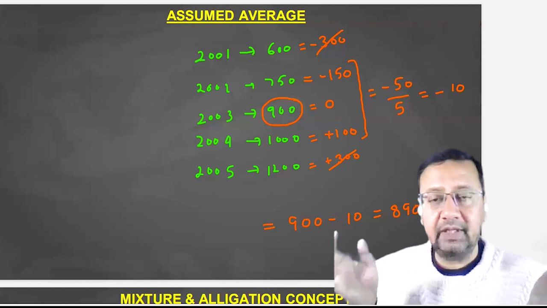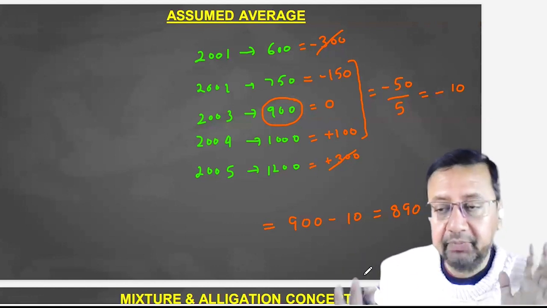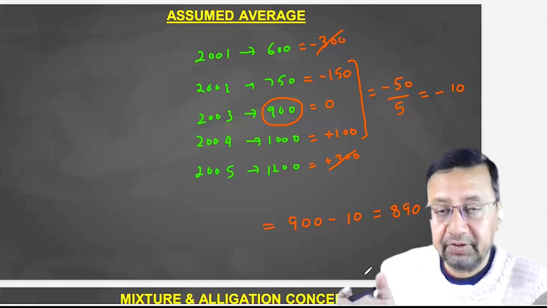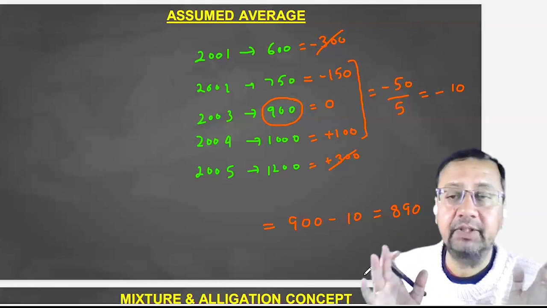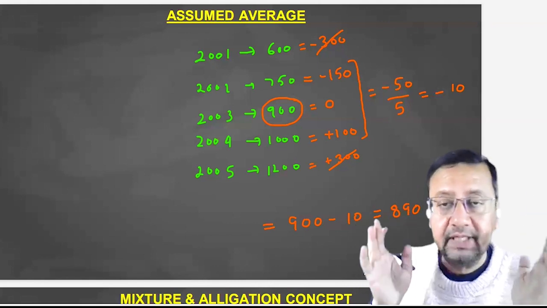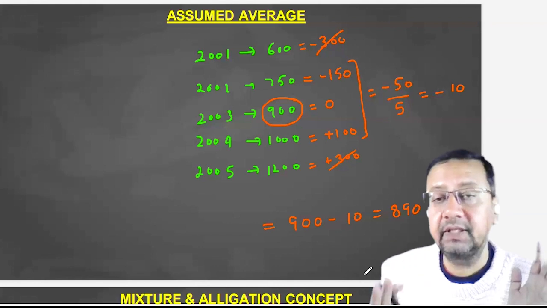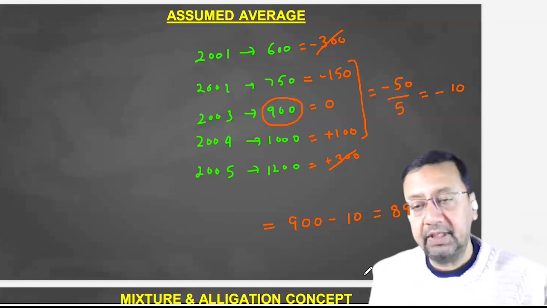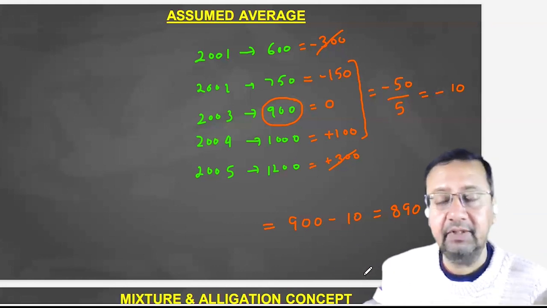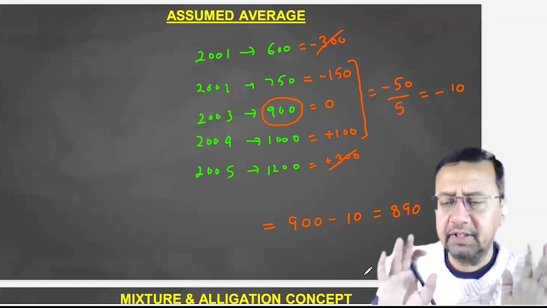So when you're doing the calculation with bigger numbers, and that too in the examination hall under examination conditions, there is extra effort and extra stress in the mind. Right now you're sitting at home, having your dinner, having tea, so you're relaxed.